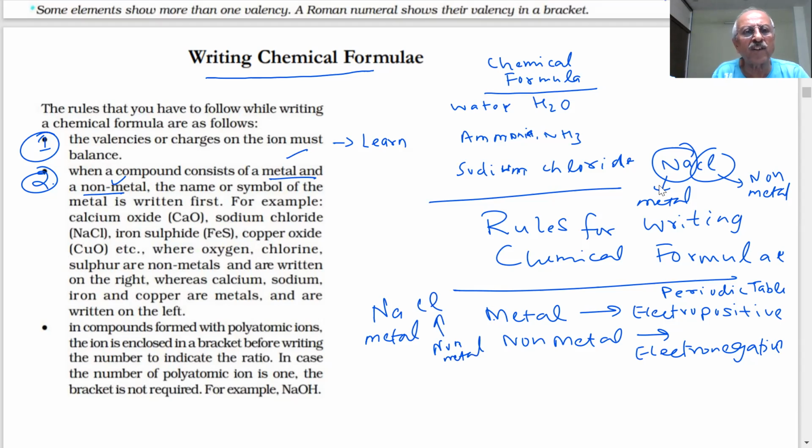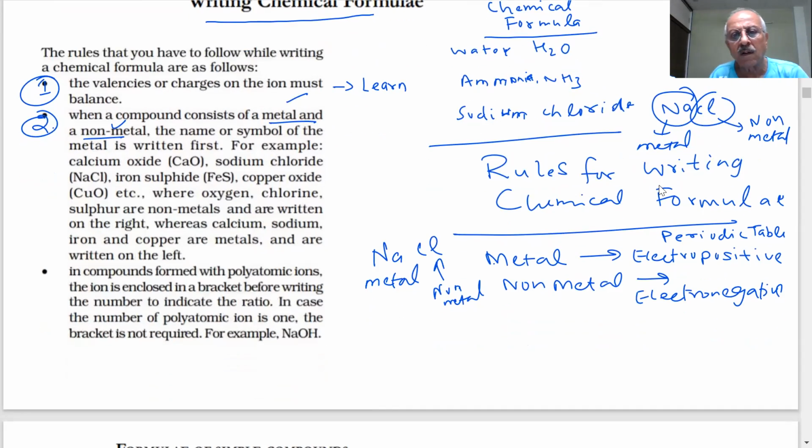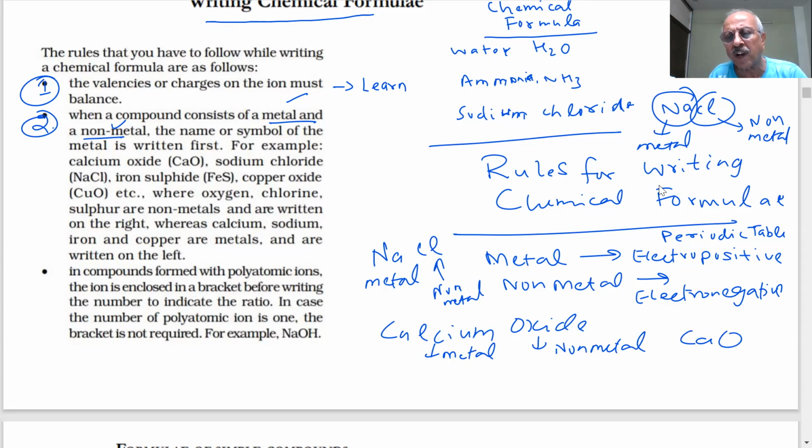In calcium oxide, tell me which is metal? Calcium is a metal and oxygen is a non-metal. Then I have to write calcium first and oxide later on.